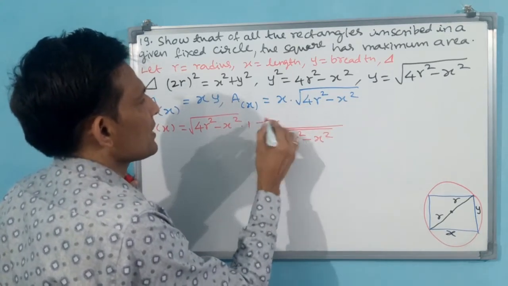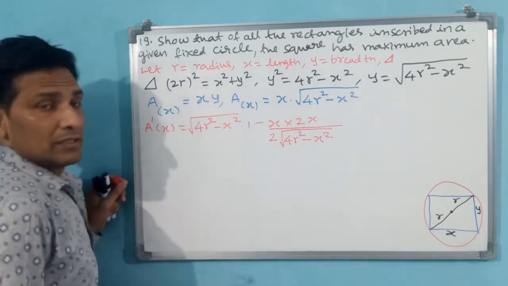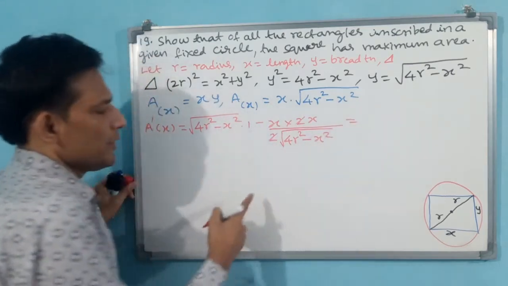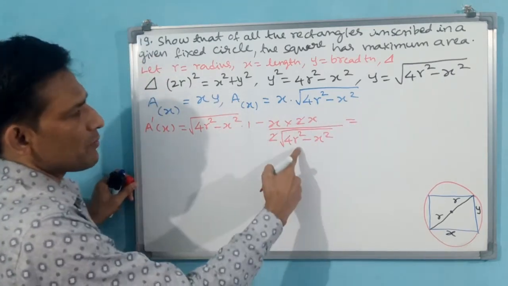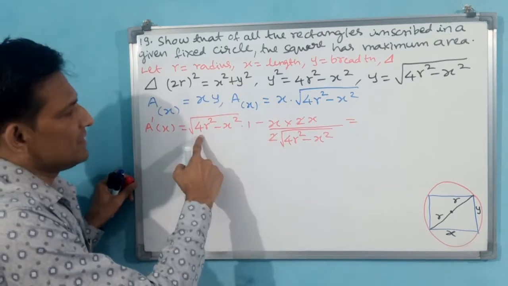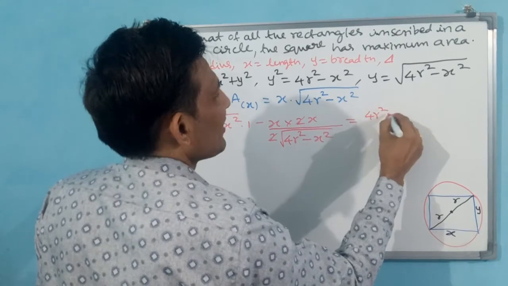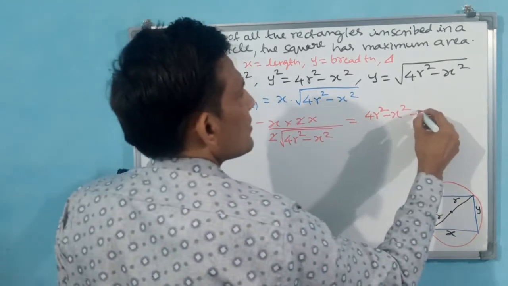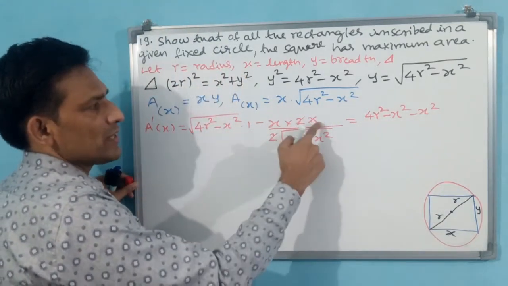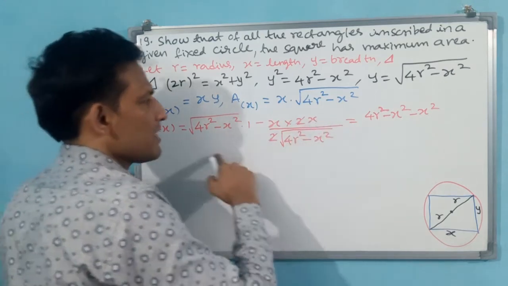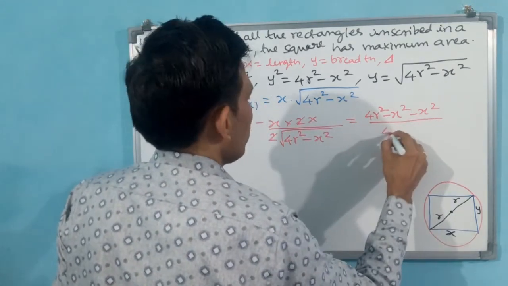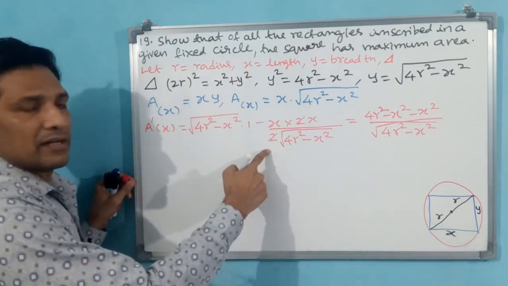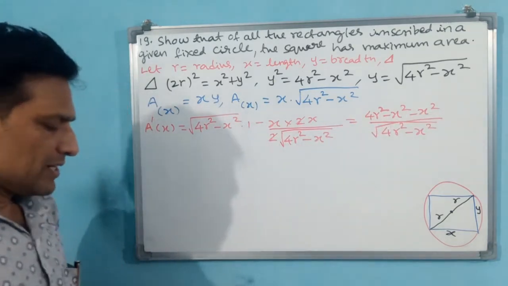See, minus I am keeping here, into 2x. You see here, the 2s are going to get cancelled. That is one thing. Second thing, if I cross multiply, automatically this root is going to get cancelled. 4r square minus x square. Okay. Minus x square. See, 2 cancelled. X into x is there. Minus x square, divided by, again this root will come, under root of 4r square minus x square. Why? Because see, 2 got cancelled already. Okay. Now finally what will come here?